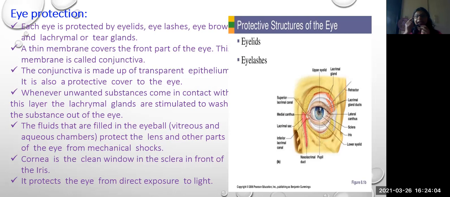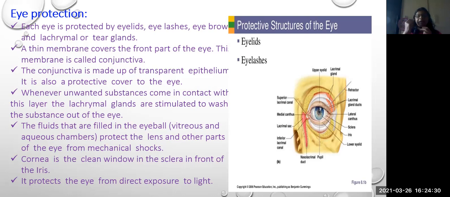The same here in the eye: you have two watery parts. First the aqueous part, then inside it the vitreous part, which consist of liquid. This is important to avoid outside shocks. These act as shock absorbers.